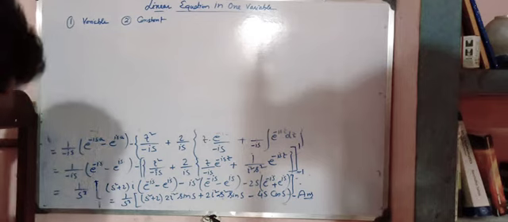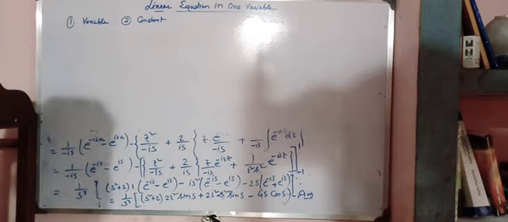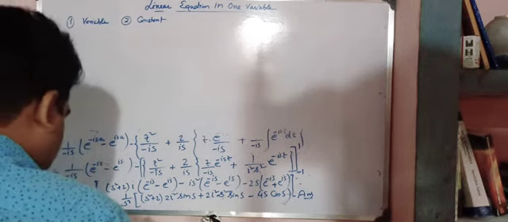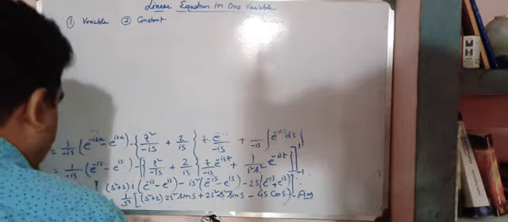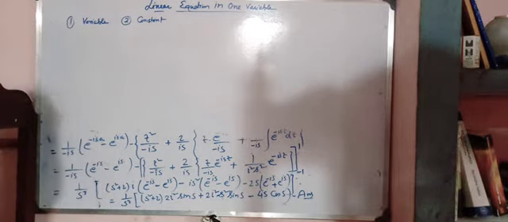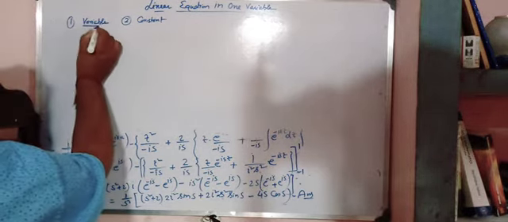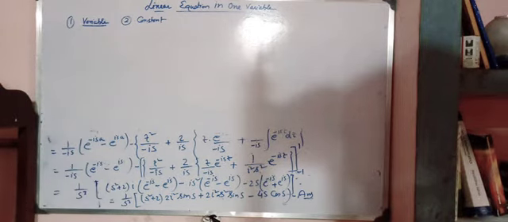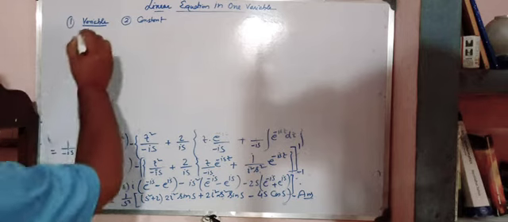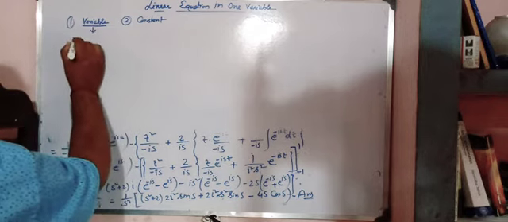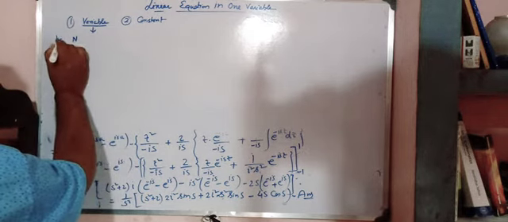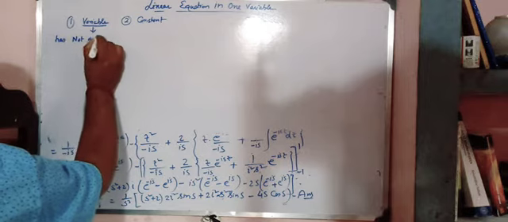Now first come to the definition of variable. Variable, you already know, is a term or thing which does not have a fixed value.